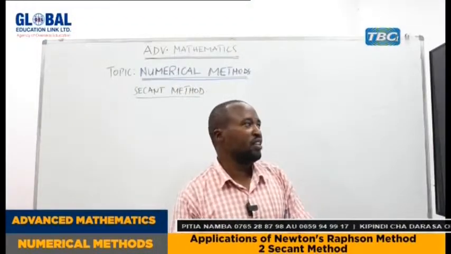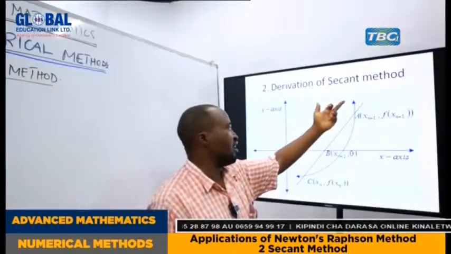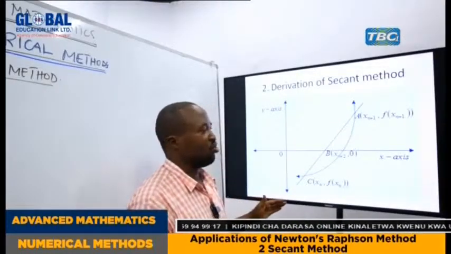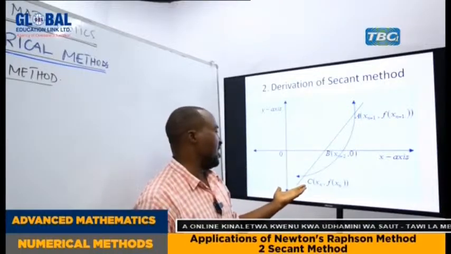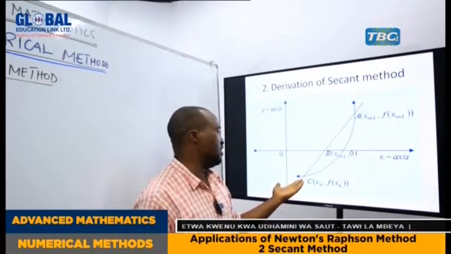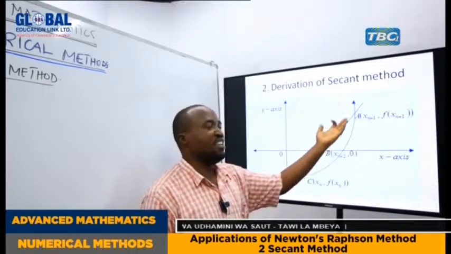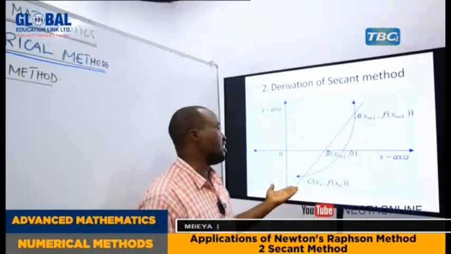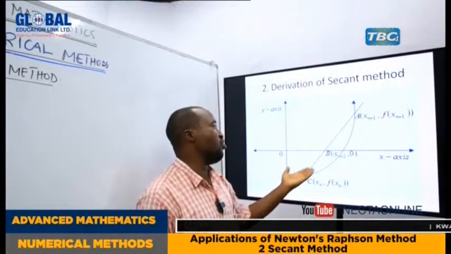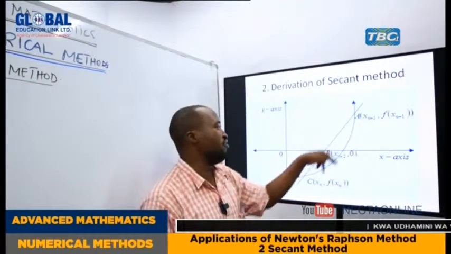Now in this subtopic here we have a curve crossed by a straight line. Now this line that has points C, B, A is called the secant line because it crosses more than one point of the curve.